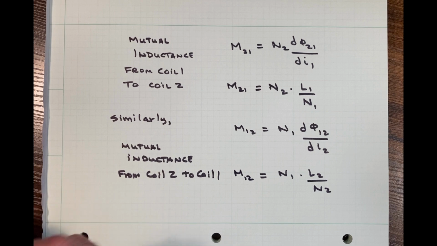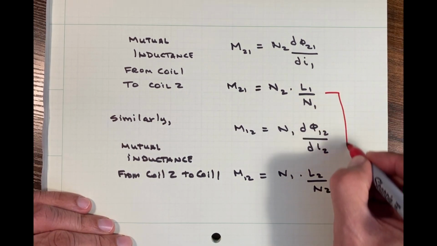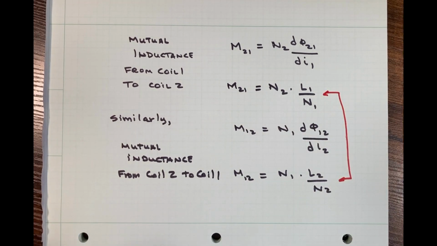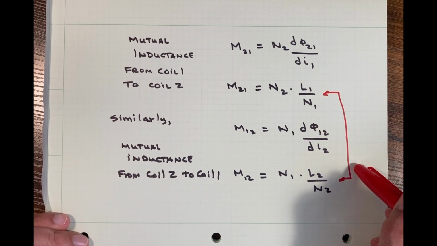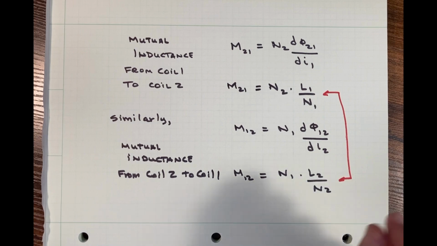Great. Now what we can say is these two are the same. In other words, they're equal to each other. Why can we say that? Well, we assume that the coupling is the same with respect to either coil. So there's a symmetry involved, and these definitely are strongly coupled. So this is our final step.